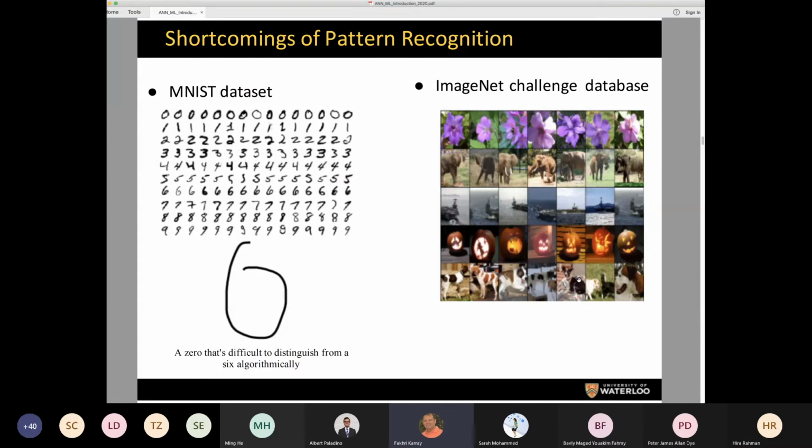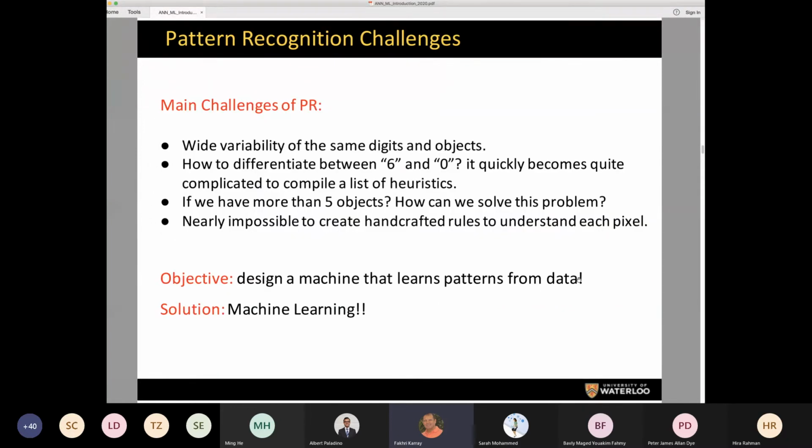So now, if we would like to decipher the image of an elephant in any particular posture, we have to present to the system all these features or attributes related to these images. And this is extremely difficult to do when we are tackling the pattern recognition system. So this is the main challenge of pattern recognition problems. If we look at them one by one, there is the wide variability of the same digits and objects.